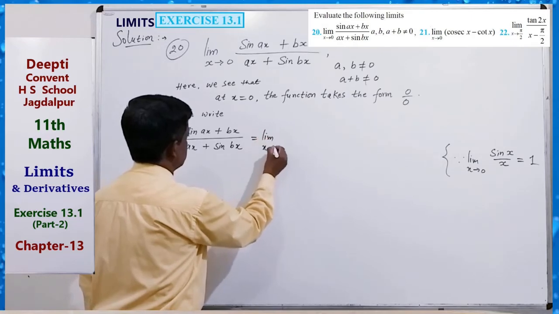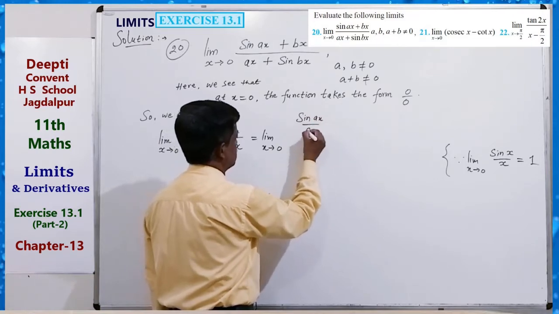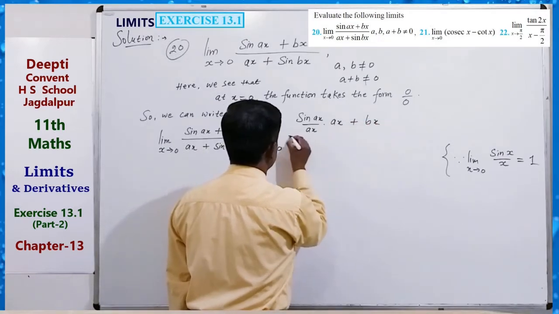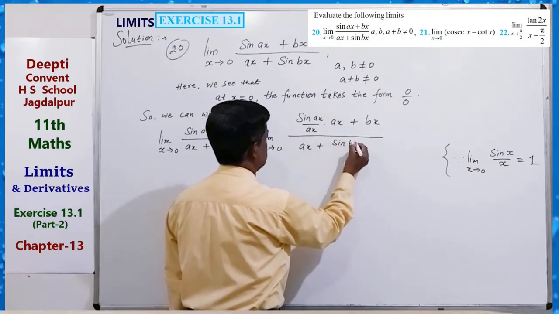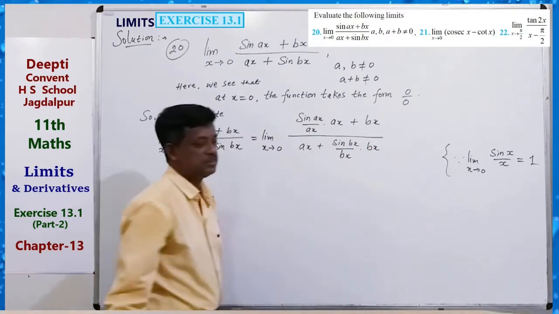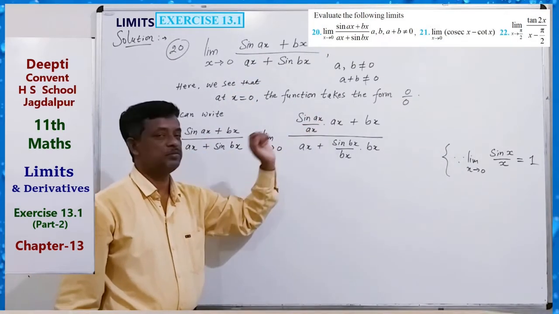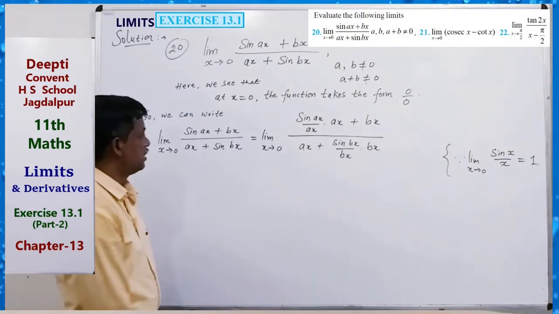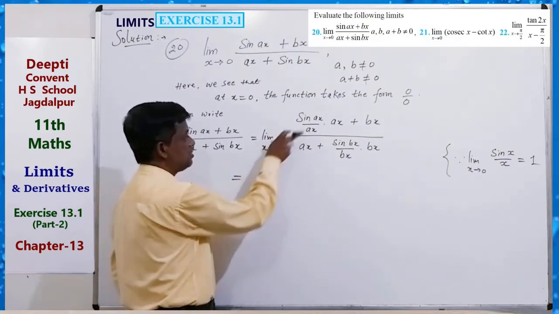This is limit x tending to 0 of sin ax upon ax into ax plus bx in the numerator, and in the denominator ax plus sin bx upon bx into bx. Here we multiply and divide by ax and bx in the numerator and denominator. Now since limit is distributed, we can distribute limit in numerator and denominator.